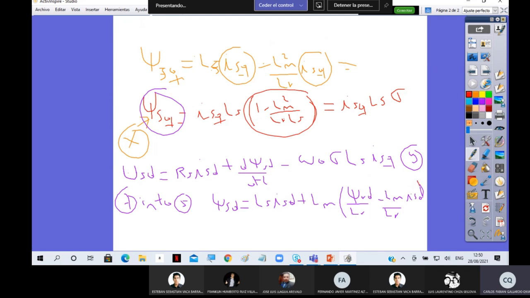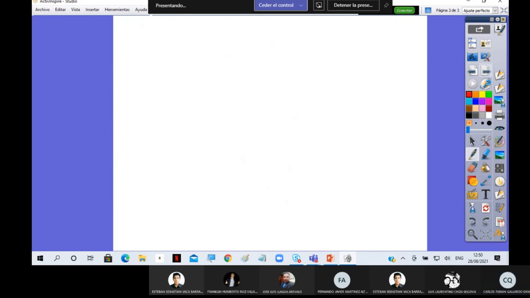This is the rotor current on the d-axis.